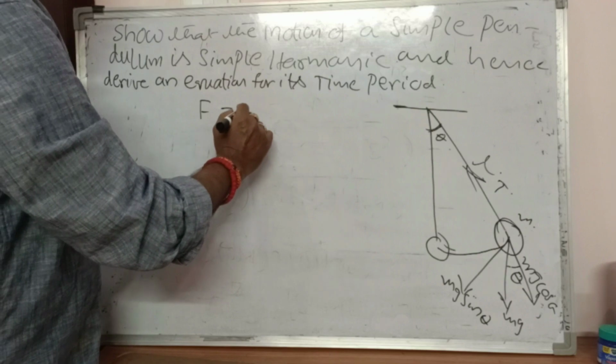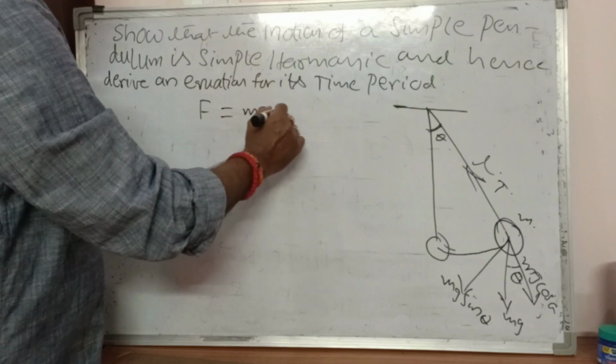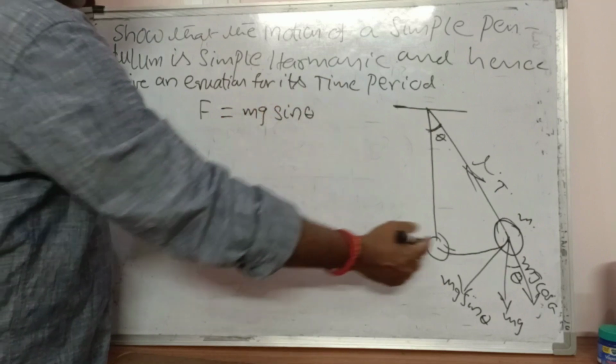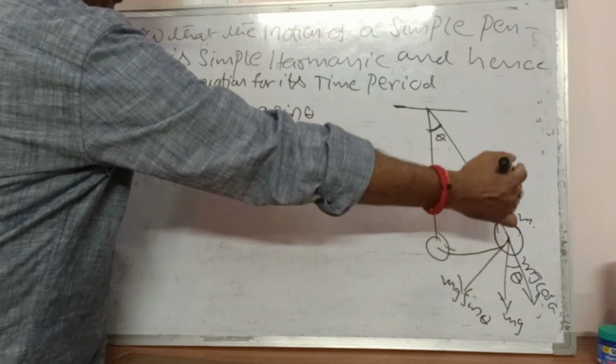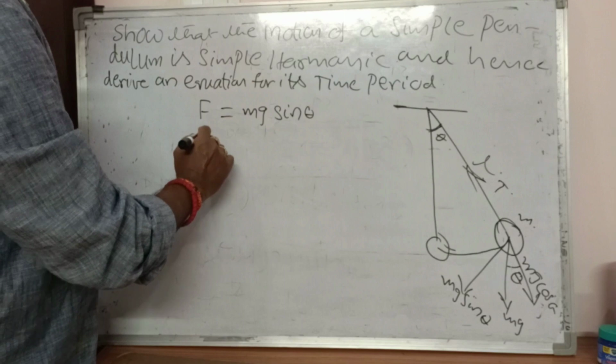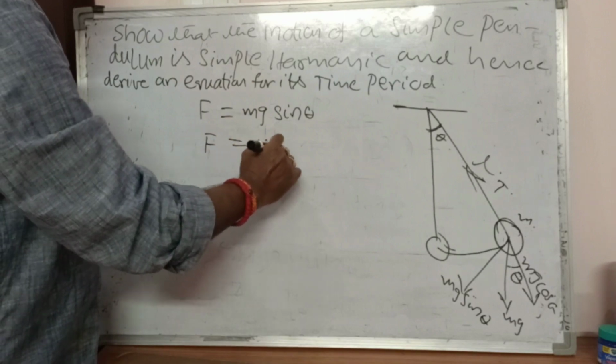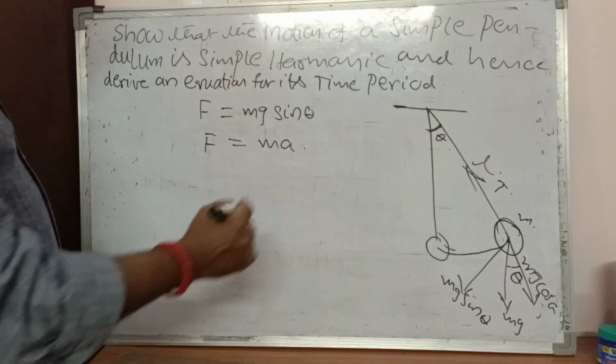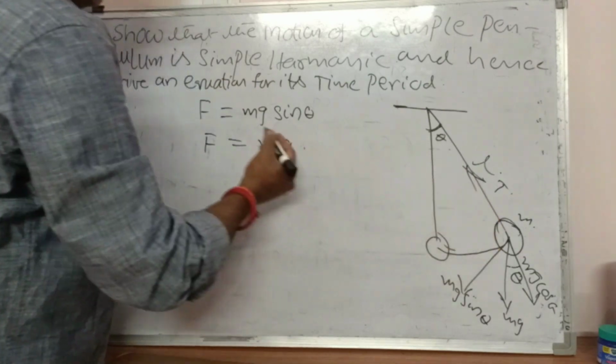So restoring force is given by F is equal to minus mg sin theta, because this minus sign indicates the pendulum tends to move towards the mean position.